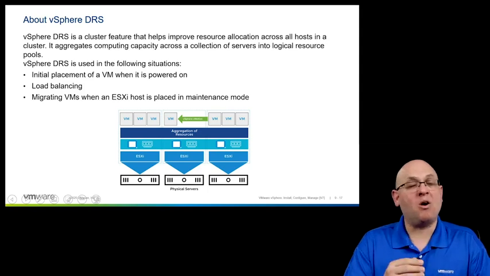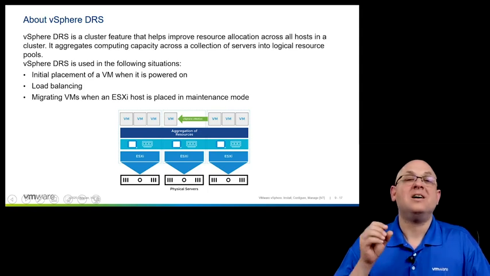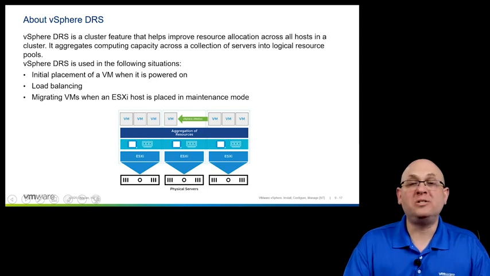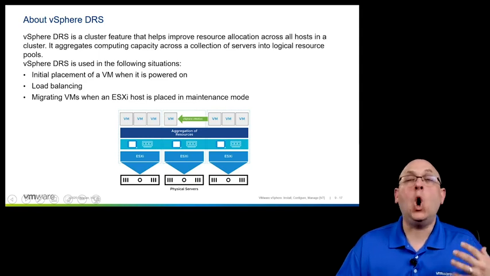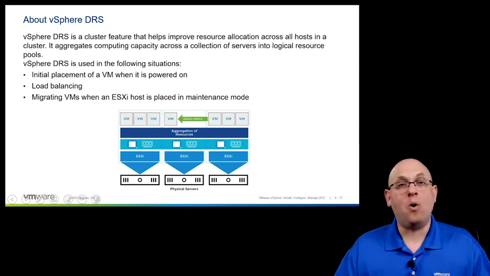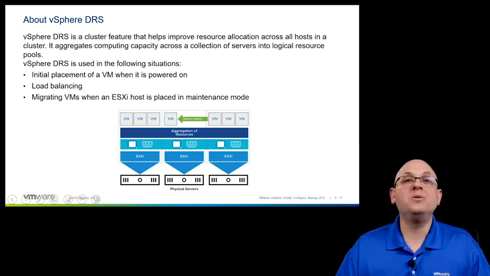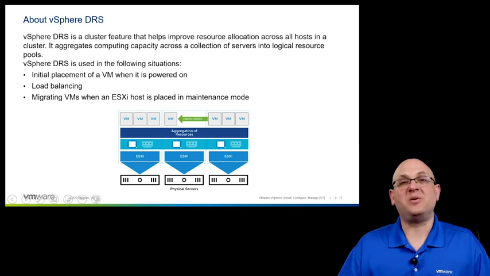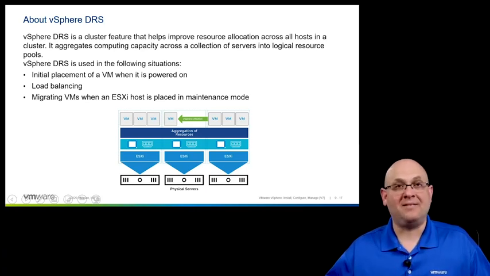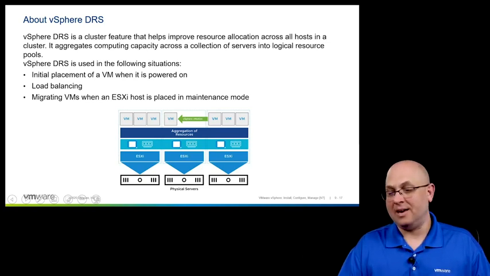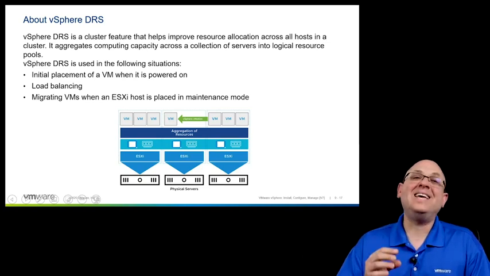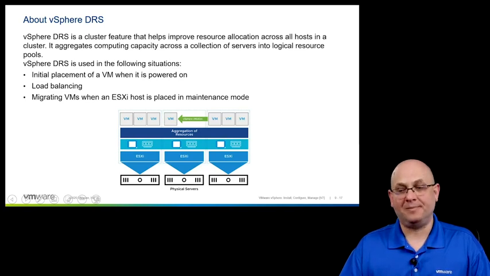As long as it's somewhere among those hosts in the cluster, DRS will choose one of those hosts that is most appropriate for that VM. Probably and hopefully the only decision we have to make about where it belongs is which host can give me all of the resources that a vSphere administrator has allocated to that VM. Make sure there's enough vCPU, make sure there's enough memory, and so on. Okay? That's the initial placement recommendation.